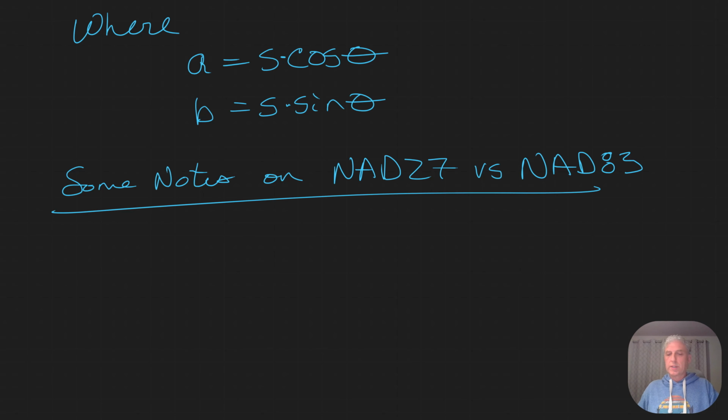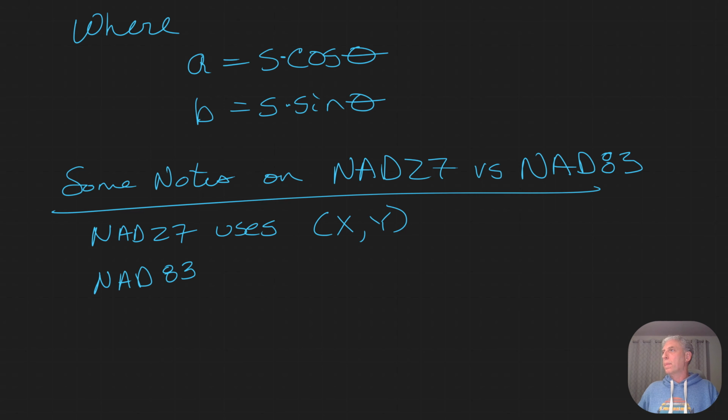One of the points is that NAD 27 uses coordinates in the form of x, y, with that notation, while NAD 83 uses northings and eastings.